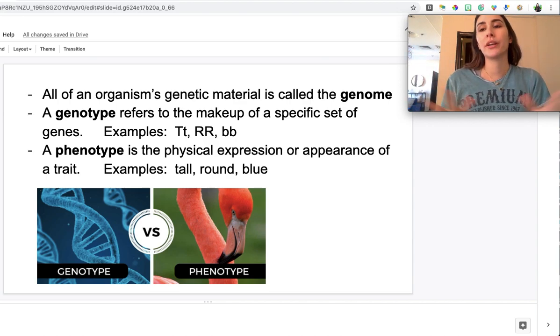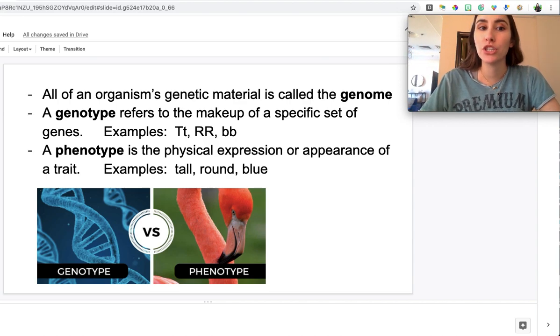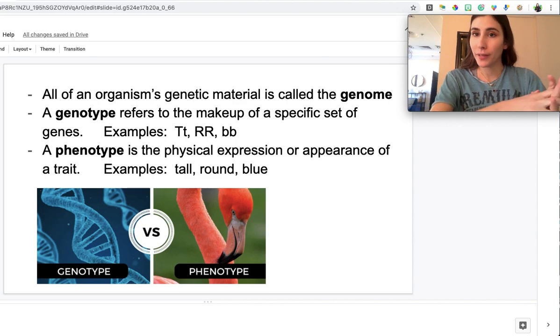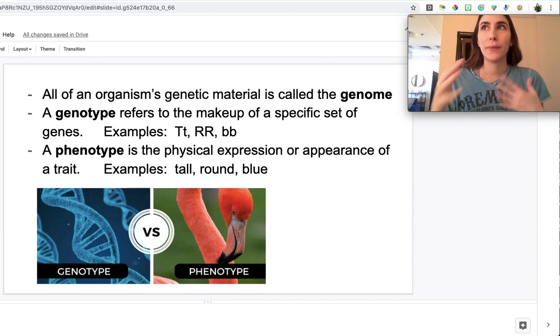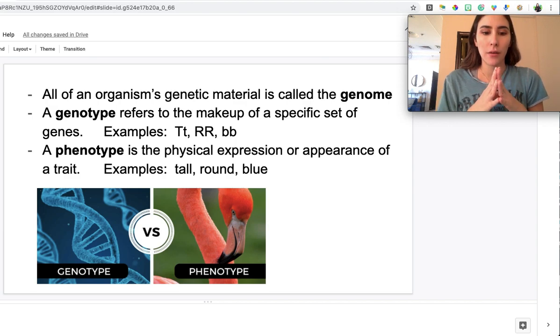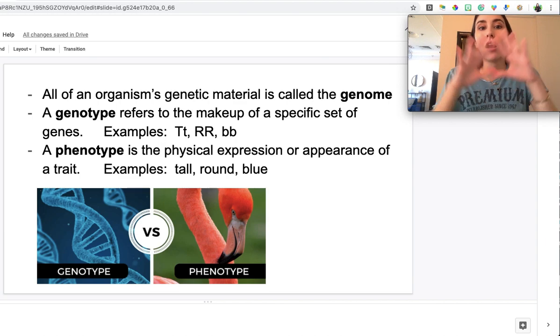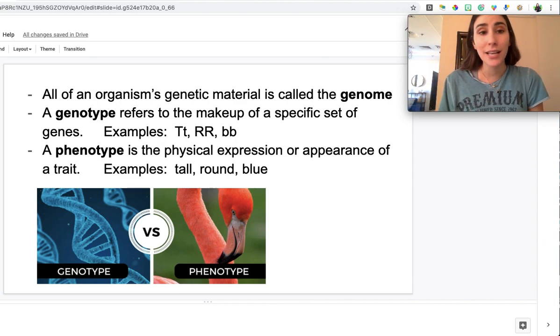All of an organism's genetic material is known as a genome. So humans have a specific genome. Cats have another genome. So depending on the organism, that organism will have a different genome. All right. So it's essentially all of the genetic material that the organism possesses.